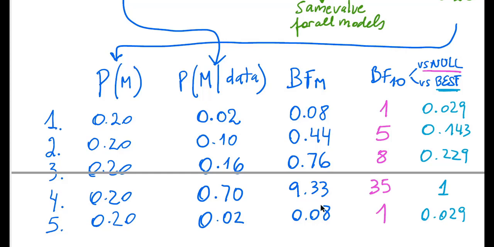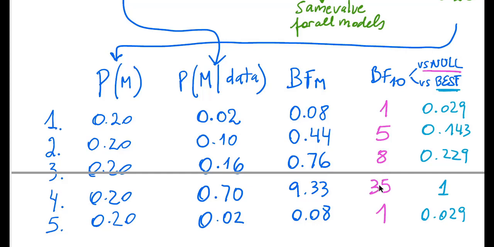We can also do Bayes factors of Bayes factors. So if we want to see what's the Bayes factor between 4 and 3, well, remember that the 8 comes from dividing the probability of the model given the data of, in this case, model 3 versus the probability of the model given the data for the null model.